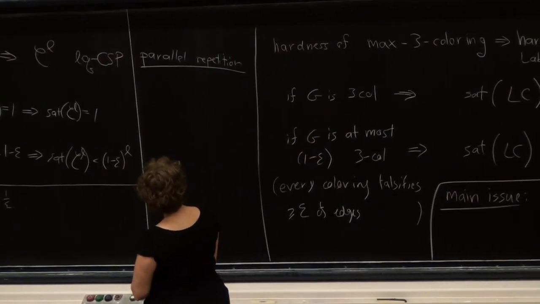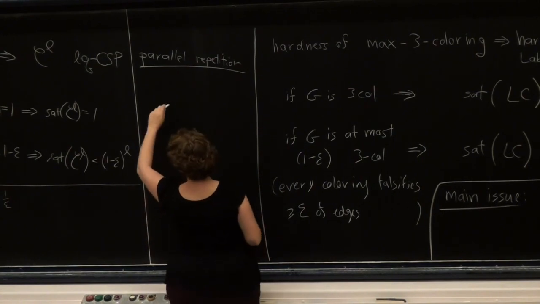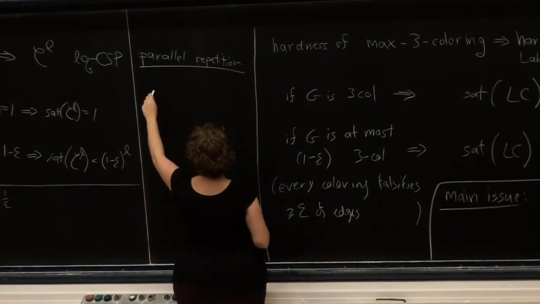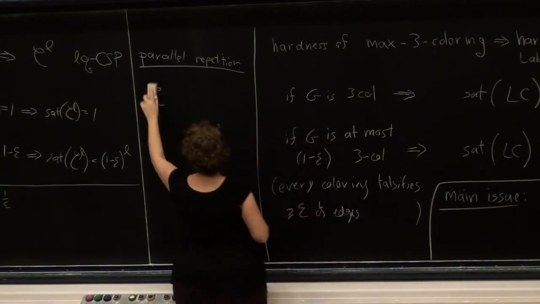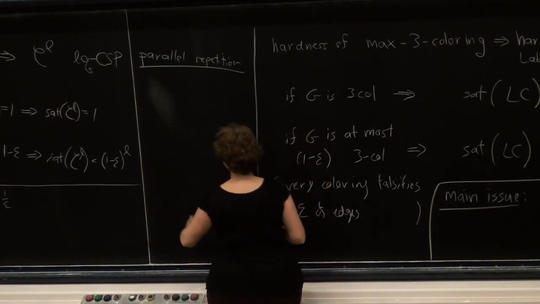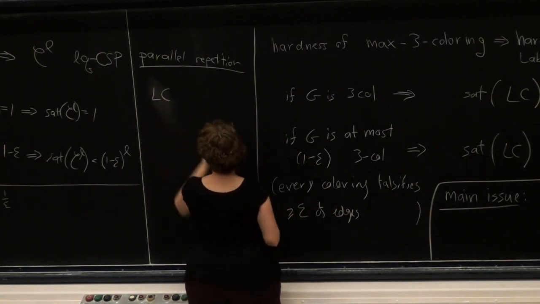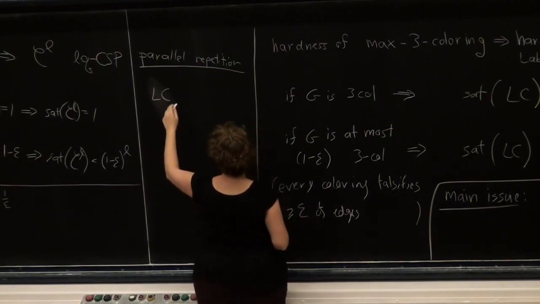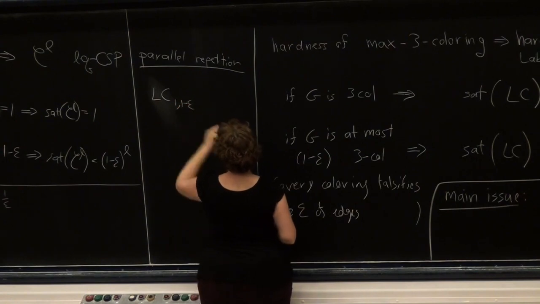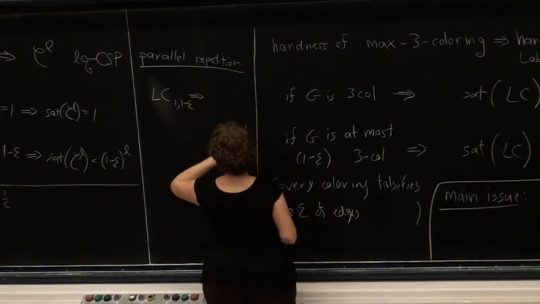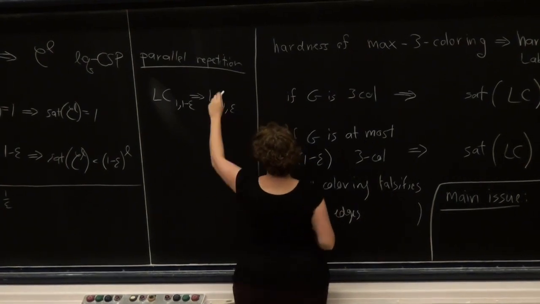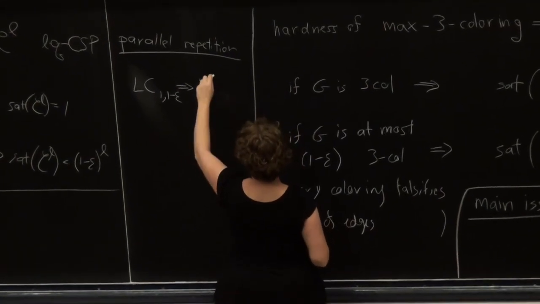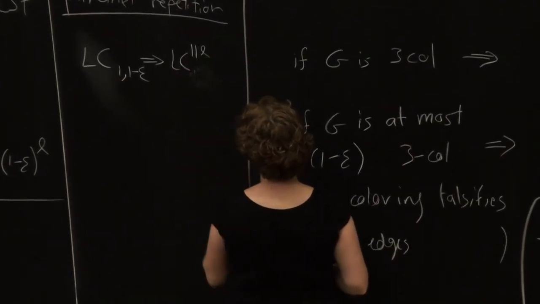So parallel repetition says the following: if I have an instance of label cover with gap 1 versus 1 minus epsilon, I can convert it to label cover with gap 1 versus epsilon by doing this parallel repetition L times.